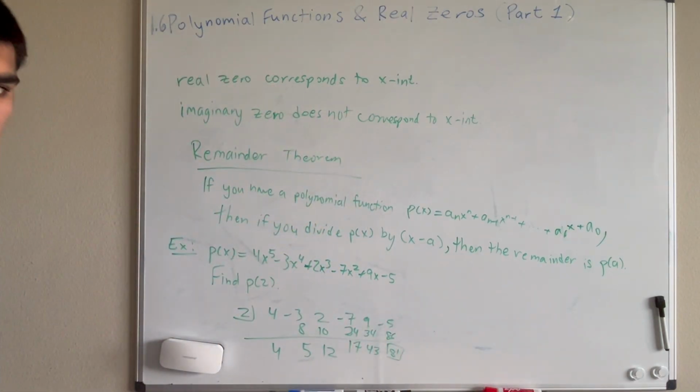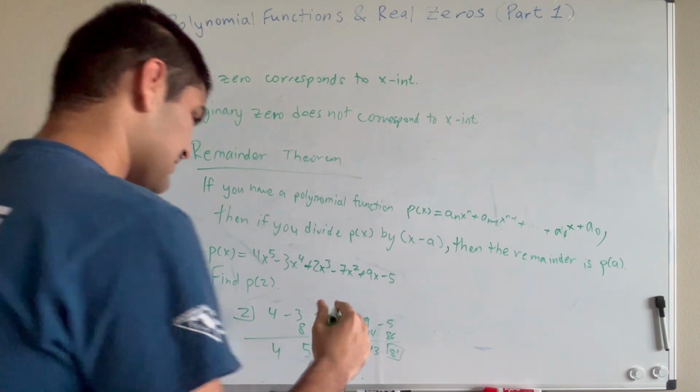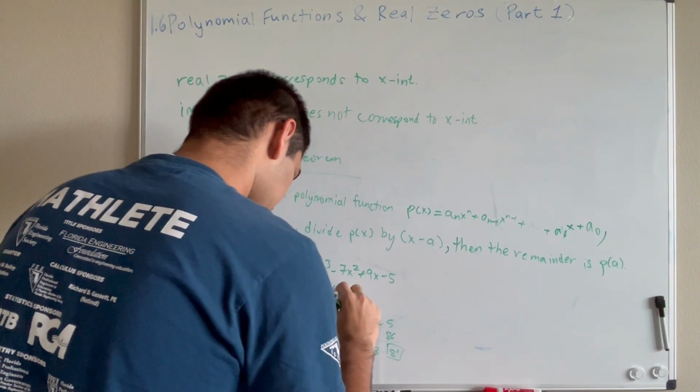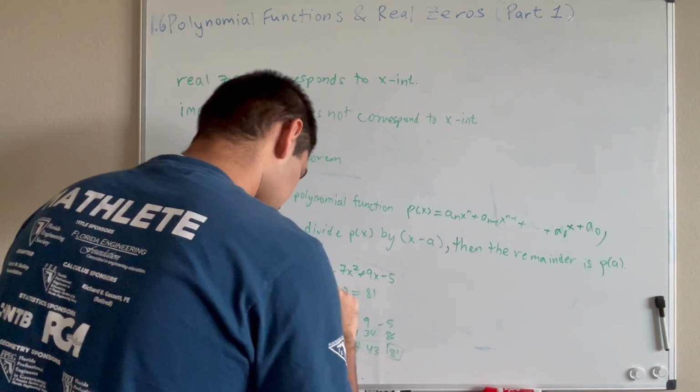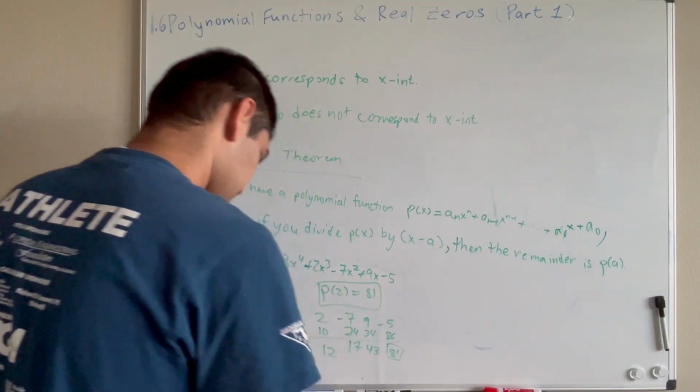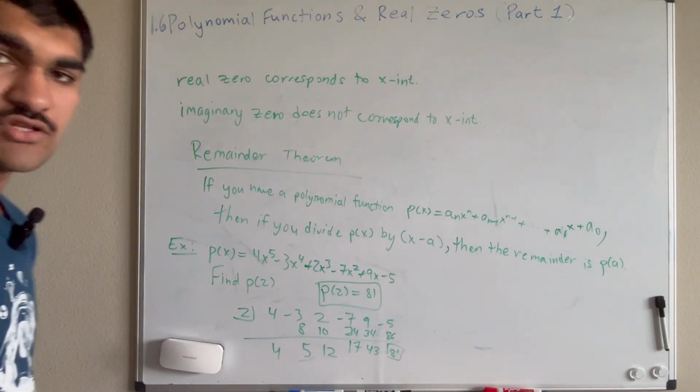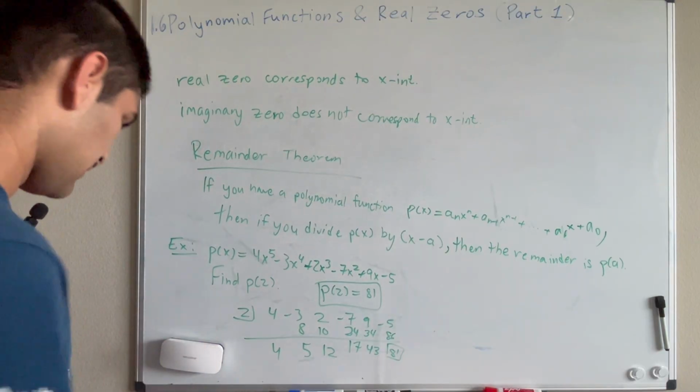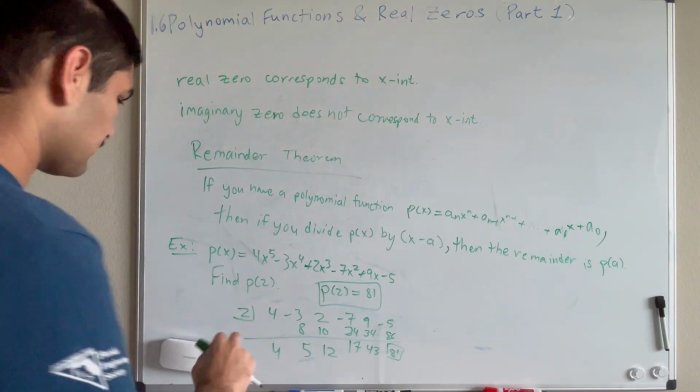So 81 is our remainder for this division, and that means that p of 2 is equal to 81. Okay, so that is one application of the remainder theorem.